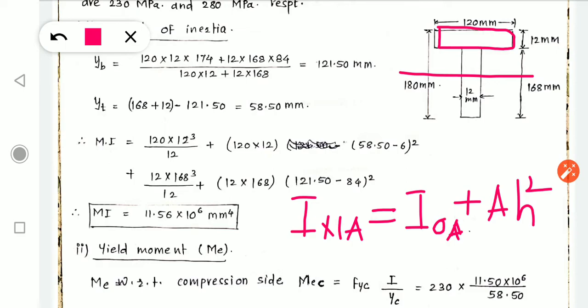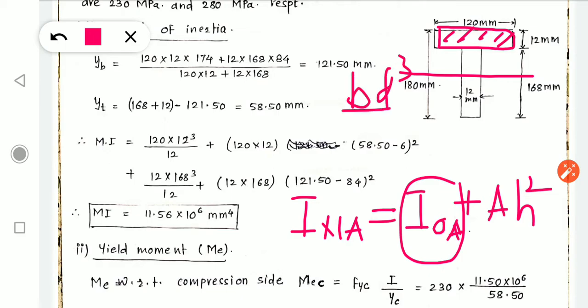So I have taken this shape first, this part of this T-shaped beam. What will be the I or moment of inertia for a rectangular section at its own axis? That will be BD cube by 12. So I wrote BD cube by 12 over here, where B will be 120 and D will be 12.